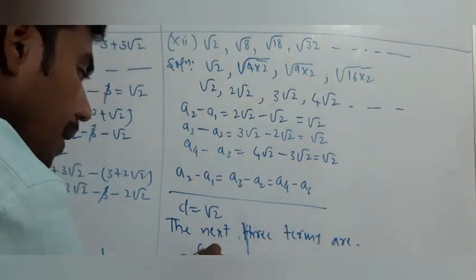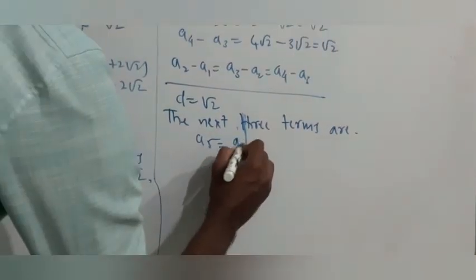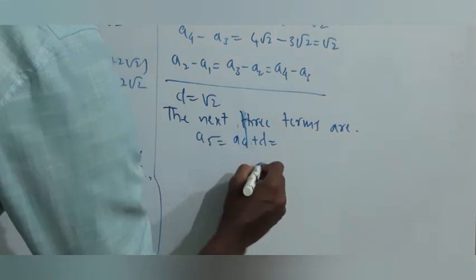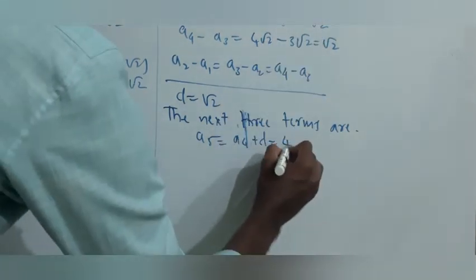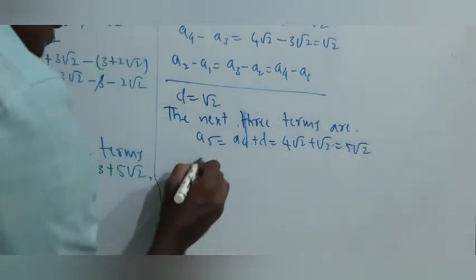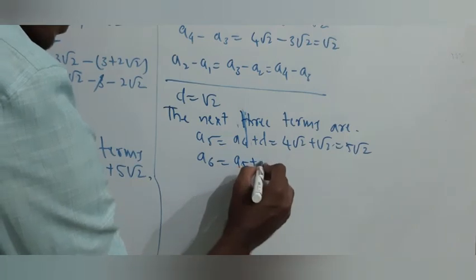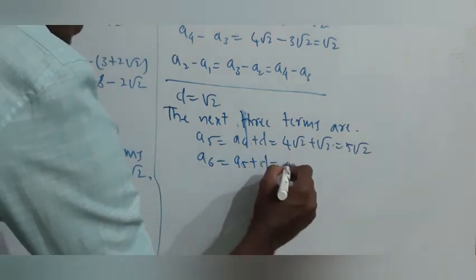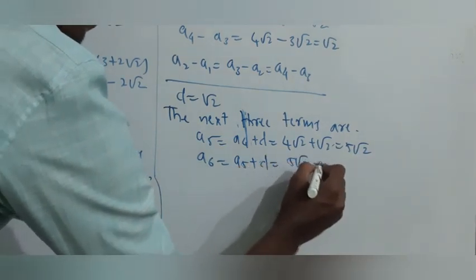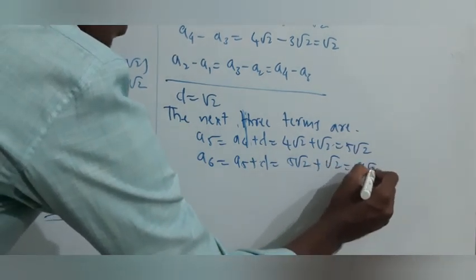How will I write? A5 is equal to A4 plus D. What is A4 here? A4 is 4 root 2. 4 root 2 plus root 2 is nothing but 5 root 2. Next, A6 will be equal to A5 plus D, which is 5 root 2 plus root 2, which is equal to 6 root 2.